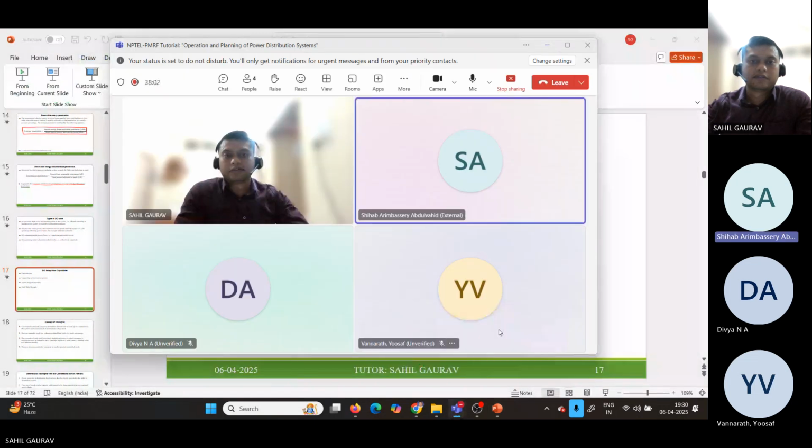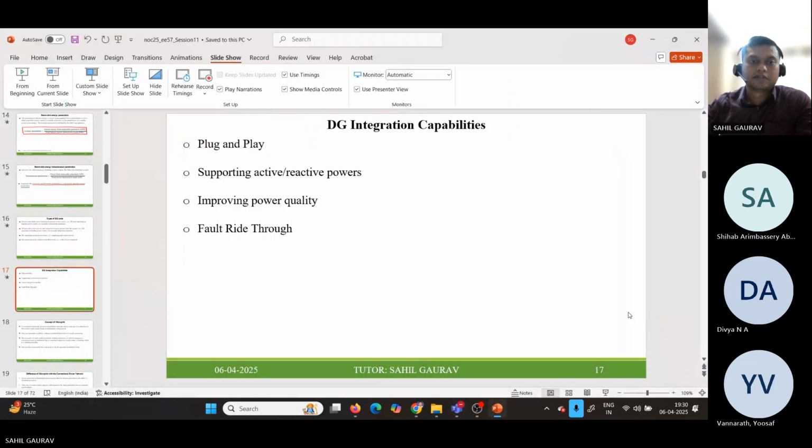One doubt. What is meant by fault ride through? I think you know about low voltage fault ride through or high voltage fault ride through. If voltage goes above a certain limit, then your DG should be capable of handling that.